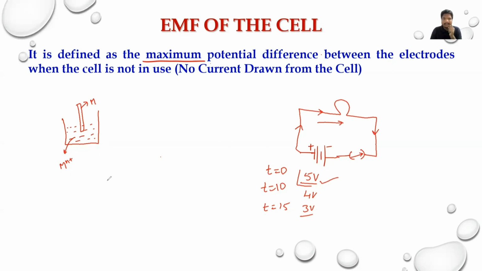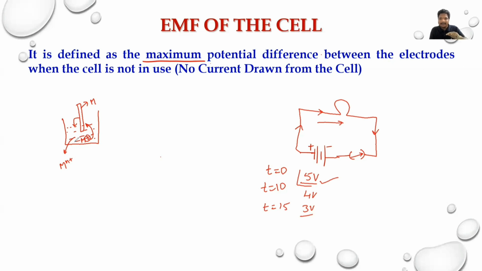When this metal rod is in contact with the metal ion solution, what happens? The metal atoms present on the metal try to move into the solution, to discharge into the solution, and the metal ions present in the solution try to deposit on the metal surface by accepting electrons. So two phenomena take place.